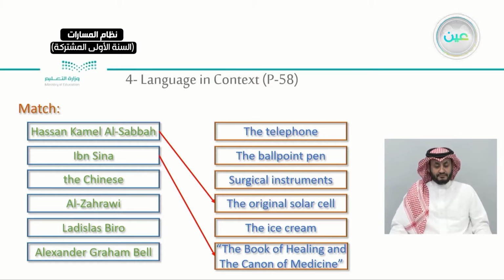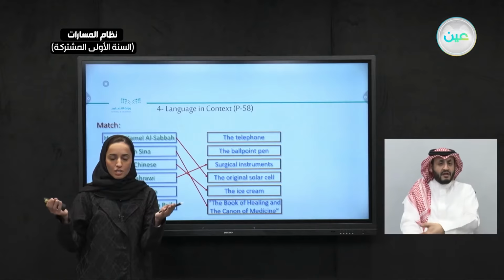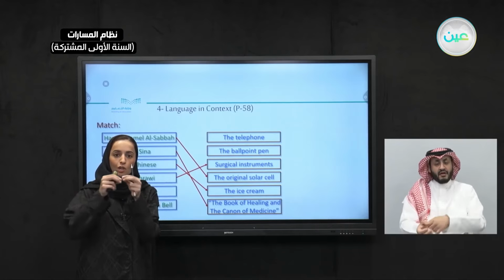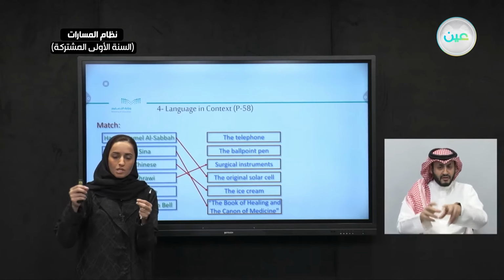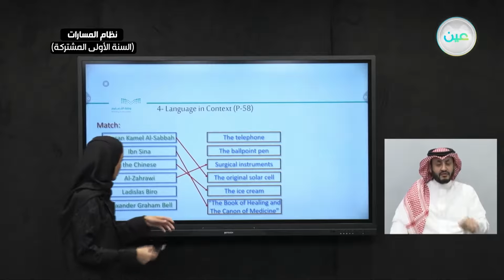Then the Chinese people, they are responsible for which invention? For the ice cream. The ice cream that we eat today, the Chinese invented it. Al-Zahrawi, he is a Muslim scientist. What did he do? He is responsible for surgical instruments. If we have a surgeon, a doctor, all the tools that they use, who is responsible for them?